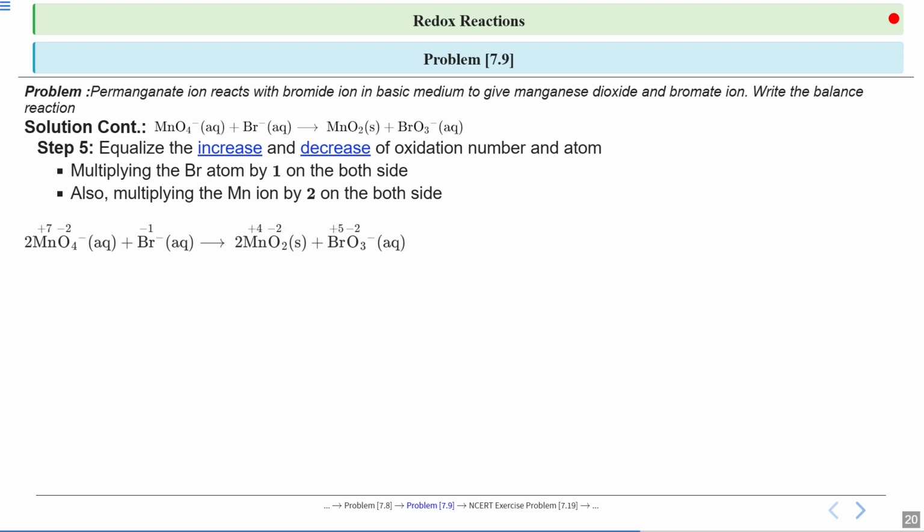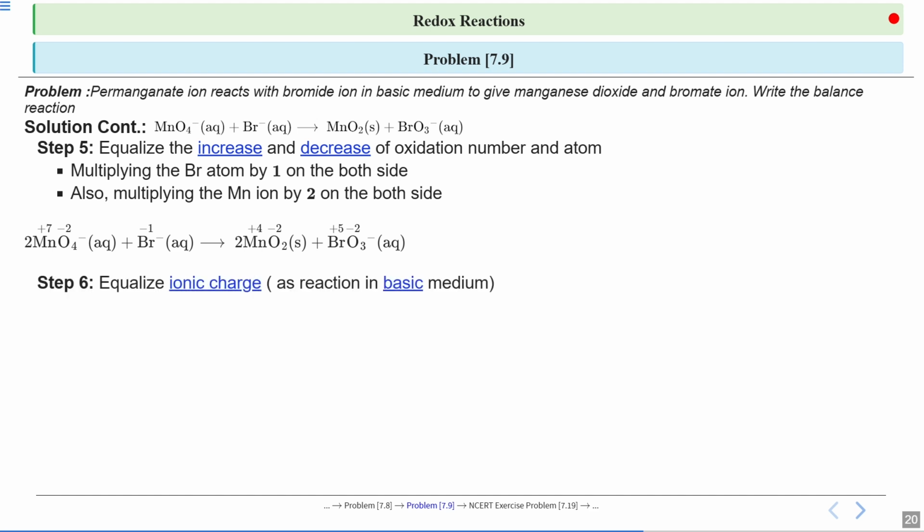So the equation that we will get is 2MnO4 negative plus Br negative gives 2MnO2 plus BrO3 negative. Here we have multiplied manganese by 2 on both the reactant and product side. And as the bromine atoms were equal, I have mentioned here that it is multiplied by 1 on both the reactant and the product. So by multiplying by 1, it would be the same.